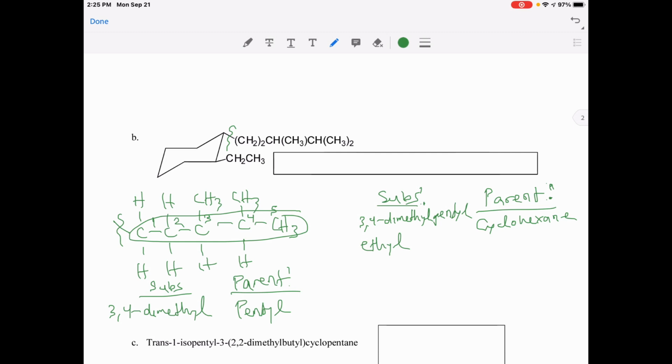So the letters that we are going to use to see their alphabetical order are D for the dimethylpentyl substituent and E from the ethyl. When we look at that ordering, we would put the complex substituent first and then the ethyl substituent afterwards.